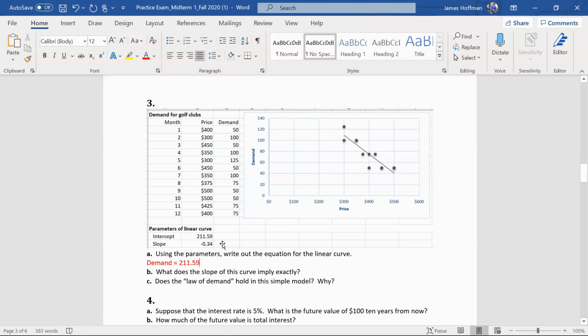Then it's plus the slope coefficient times the x variable. The slope coefficient is negative 0.34. The x variable, what affects demand here, is price.